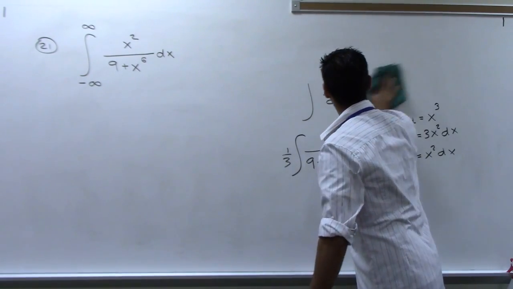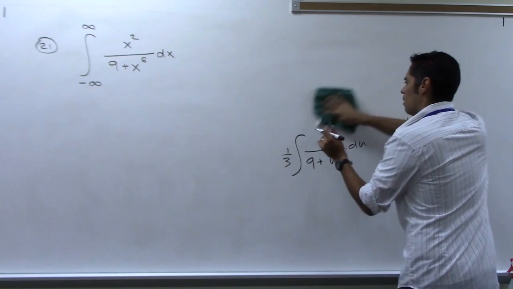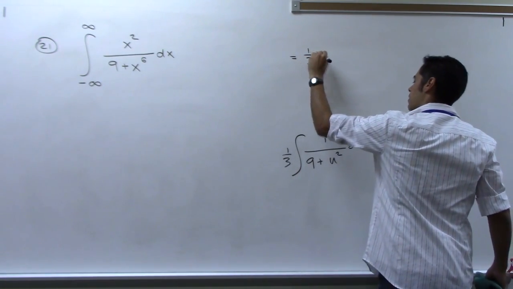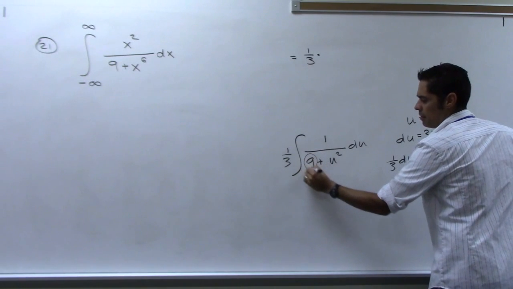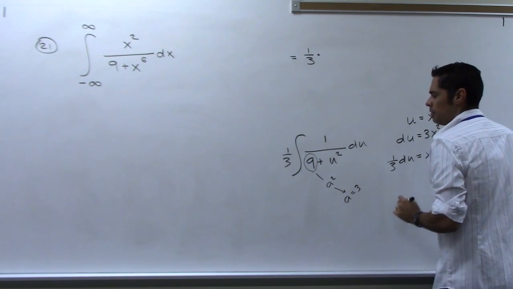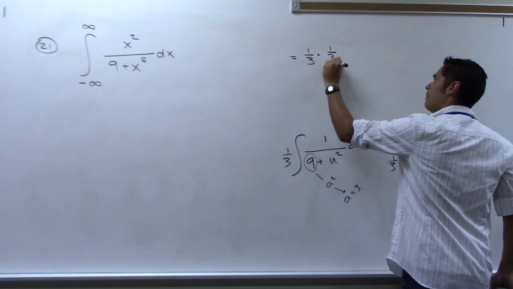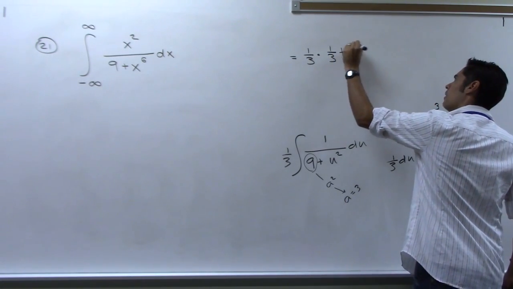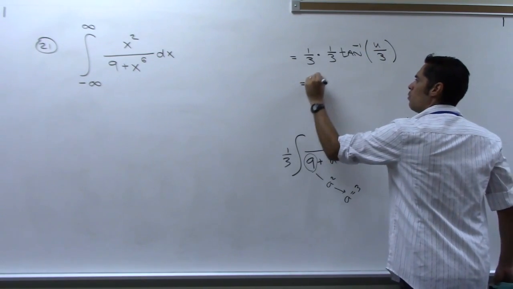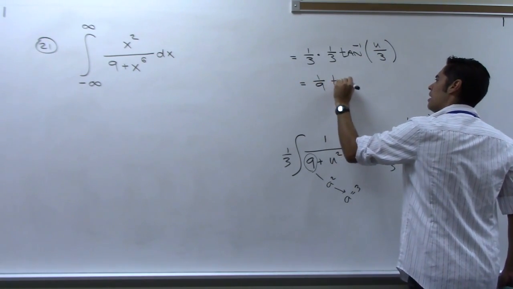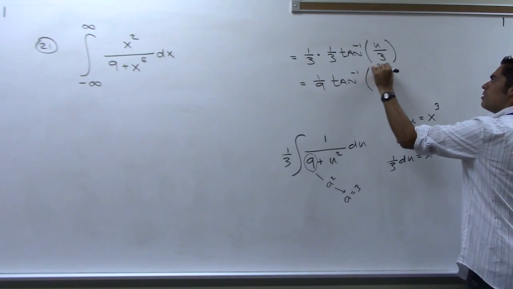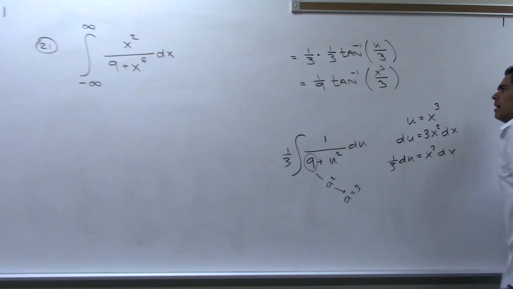So this becomes 1/3 times, now for us, this is a squared, which means a is 3. The formula for arctangent is 1 over a, arctangent of u over a, so that's going to be 1/9 arctangent of u over a, but u is x cubed, so x cubed over 3. That's the antiderivative.